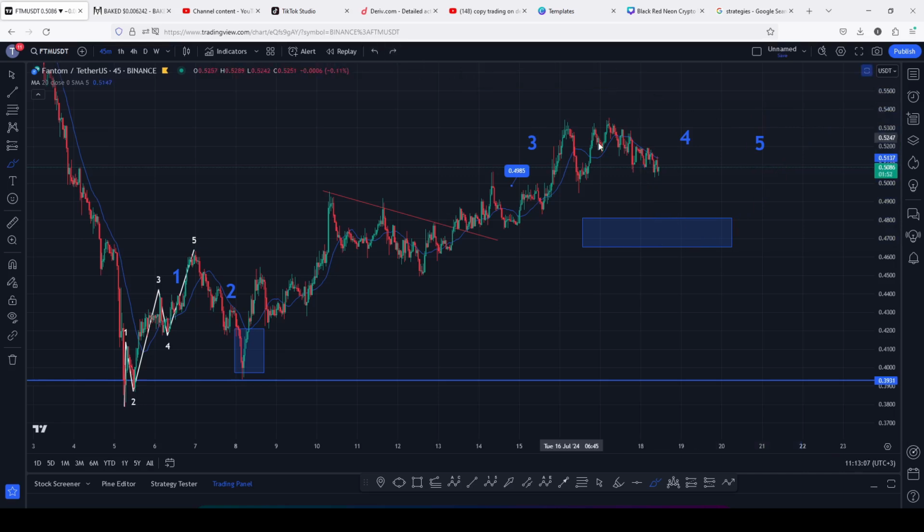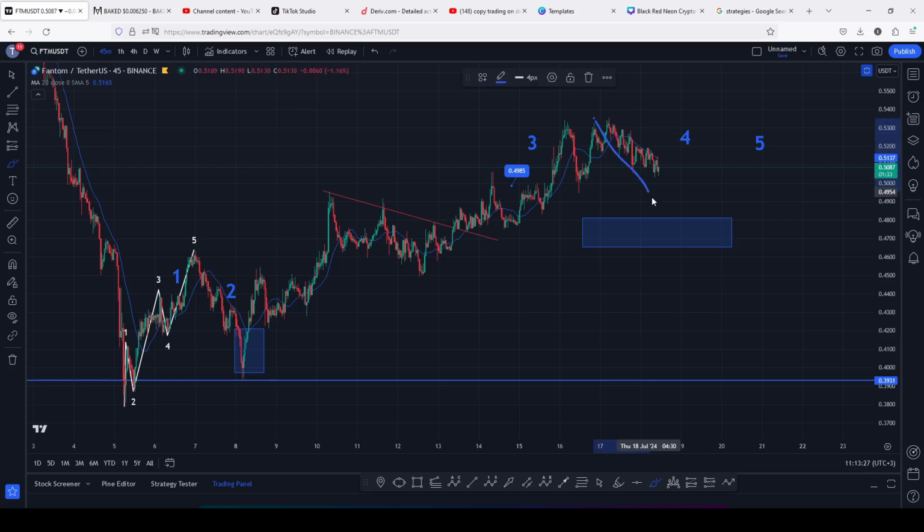We also need to have in mind that we might not see that massive breakdown move into this target area over here. There are chances that we can see a bit of a pullback, get a shallow Elliot wave count 4, and that also means that significant key areas of support need to continue holding.